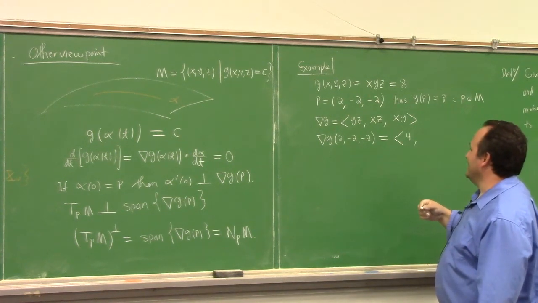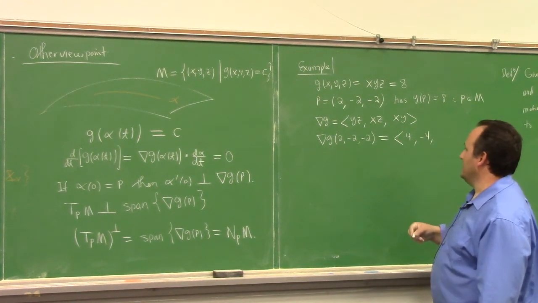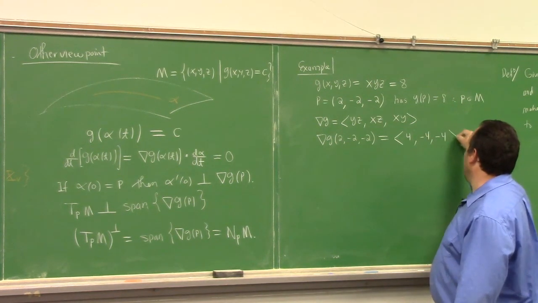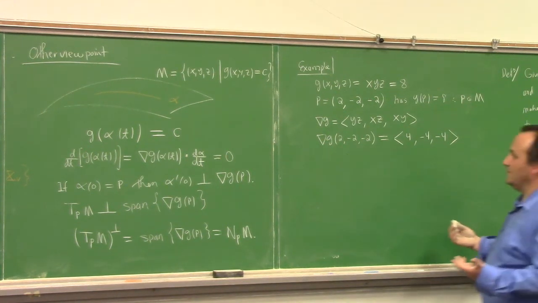Yeah. Let's see here. 4, minus 4, minus 4, so there you go. That is a normal vector to the surface, right? Great. What's the tangent space?